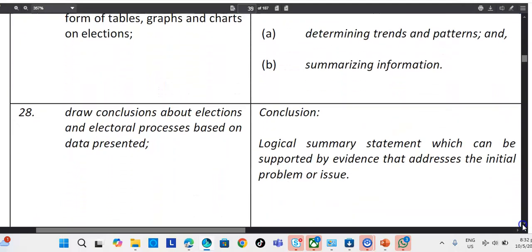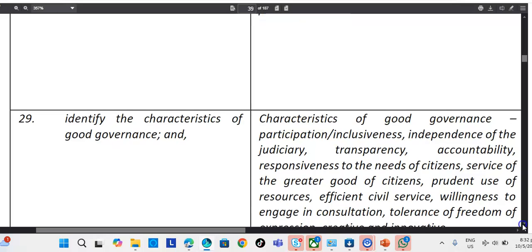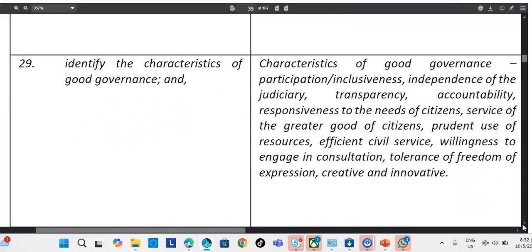All right. Then we are to identify the characteristics of good governance. Good government characteristics are: a good government is transparent. A good government is accountable. They are responsive to the needs of citizens. They serve the greater good of citizens.